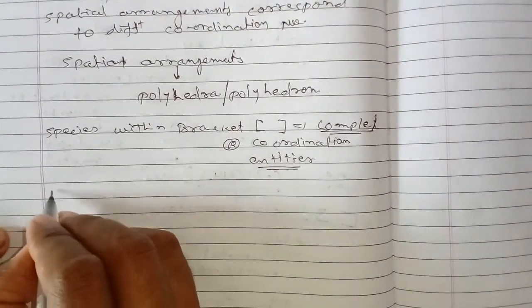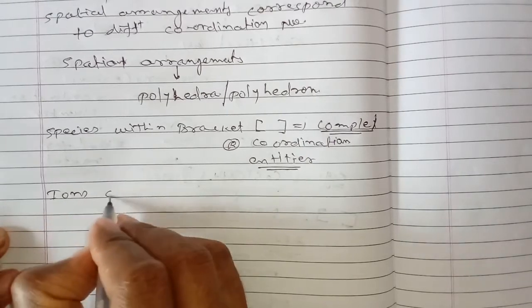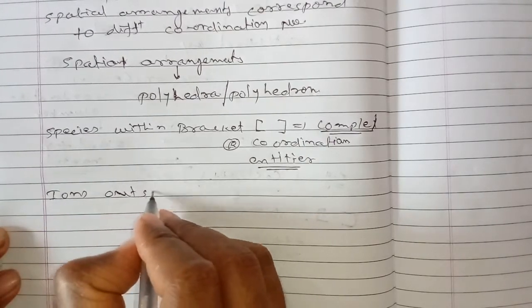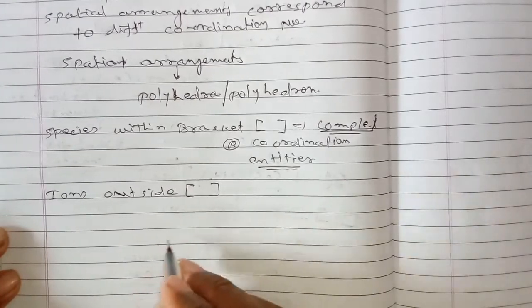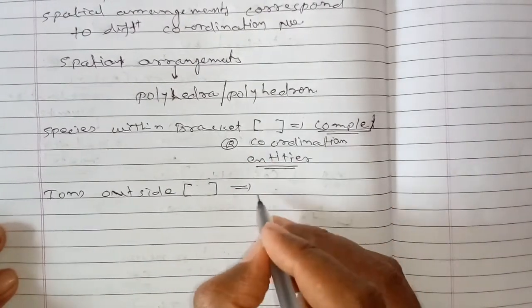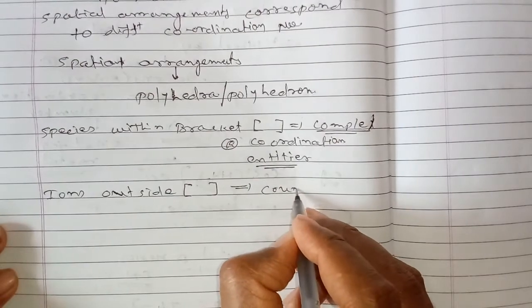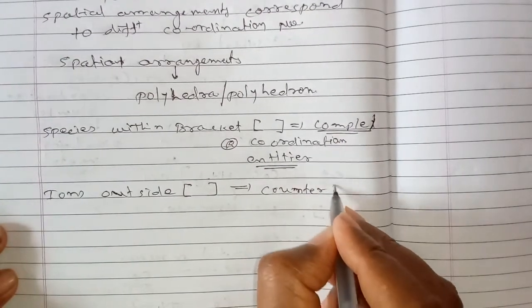And the ions outside the square bracket are called counter ions.